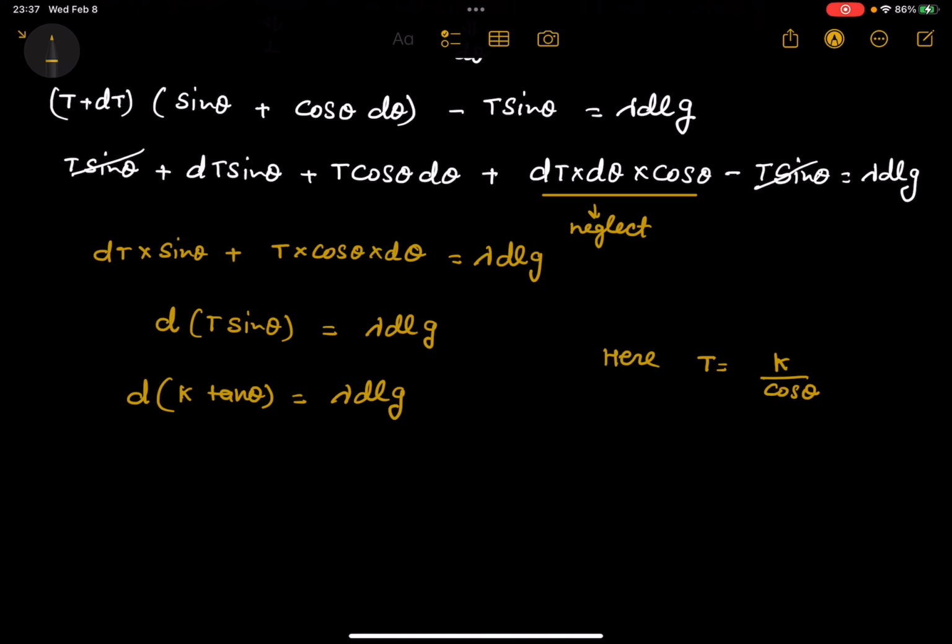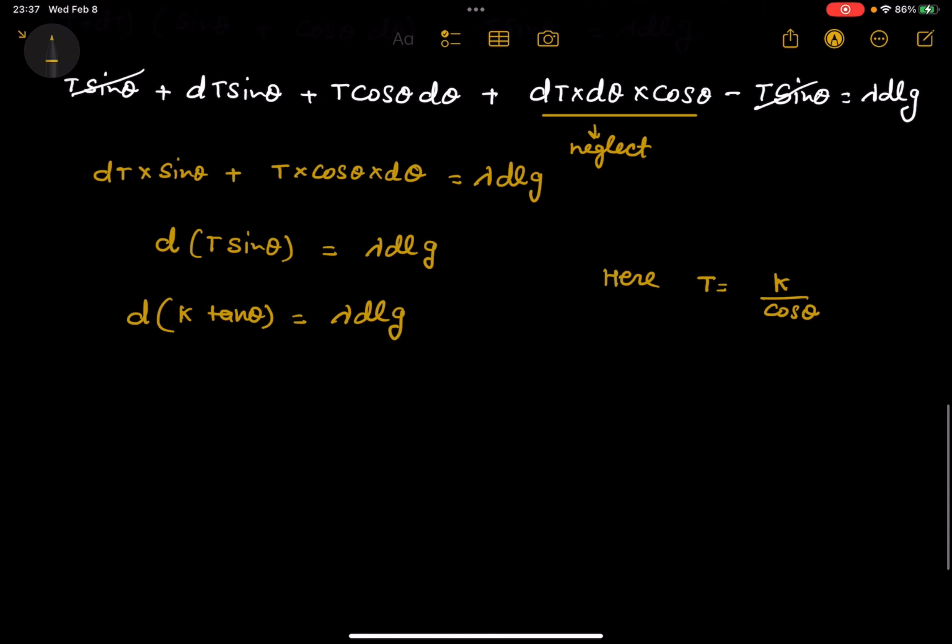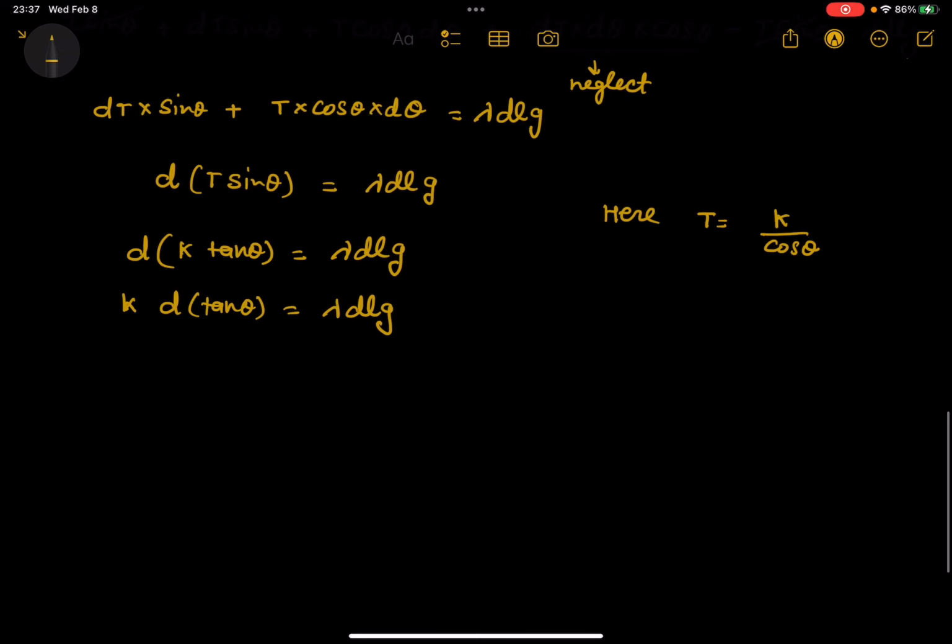My dear friends, k is the constant, so I can write it outside. So it is the differentiation of tan theta is equal to lambda dl g. The differentiation of tan theta is sec square theta. So k sec square theta d theta is equal to lambda dl g.